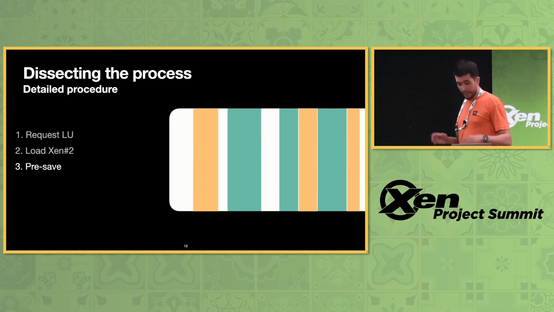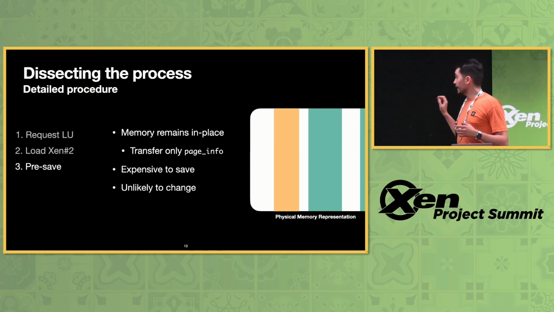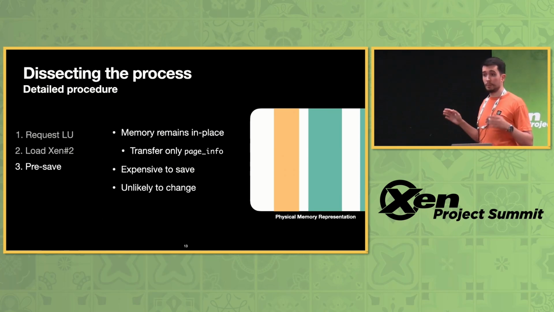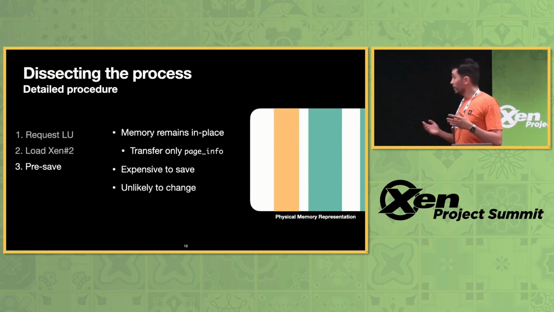So what we do is that we keep memory in place. We don't have to copy that over again and save that into a stream or anywhere. So memory remains in place, and we only transfer the page info. So this is to say, this domain owns that page, and we do that with the page info. But even though we just save the page info that makes up the guest memory, it is still expensive to save.